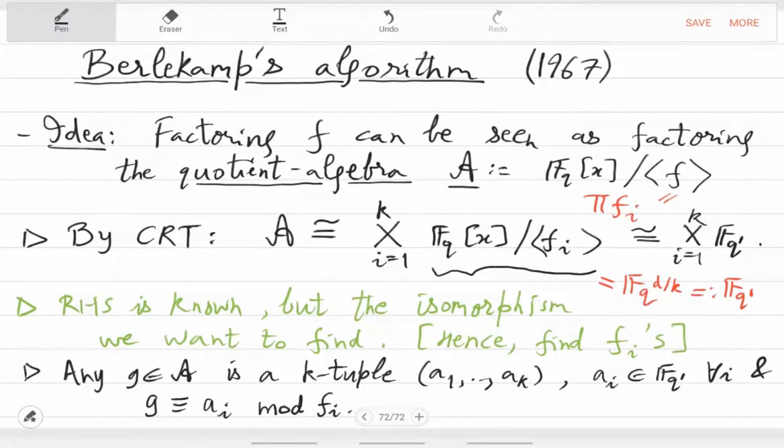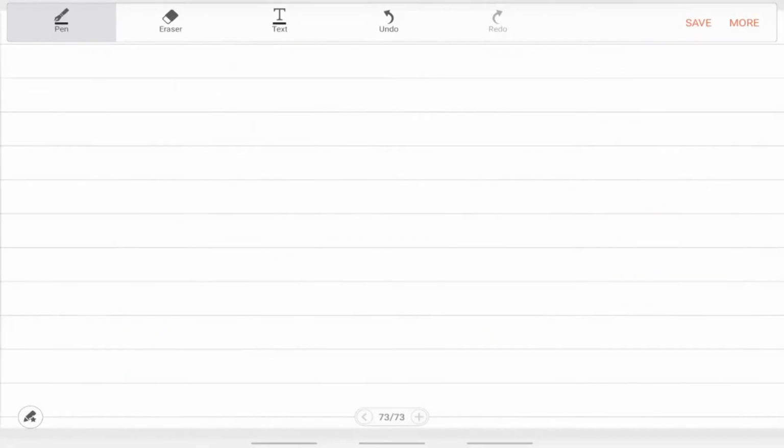So the first property is, what if you focus on those possibilities of a_1 to a_k which are in F_p, so basically just numbers 0 to p minus 1? Then what can you say about g? What are the g's whose k-tuples are just numbers, elements 0 to p minus 1? Constants?